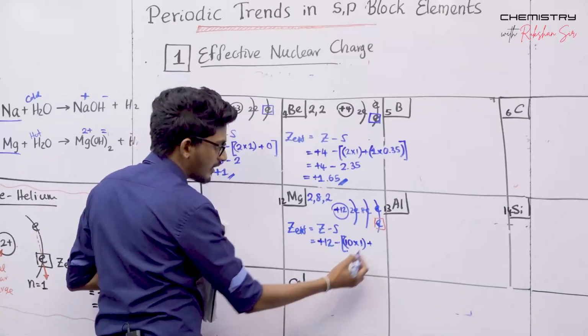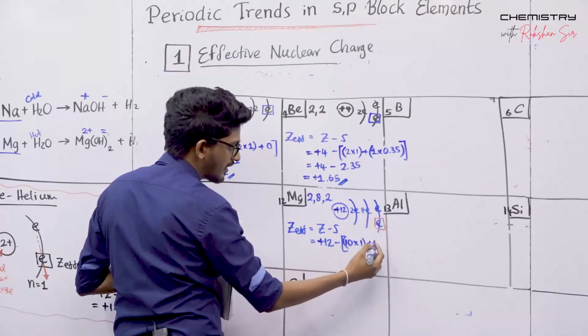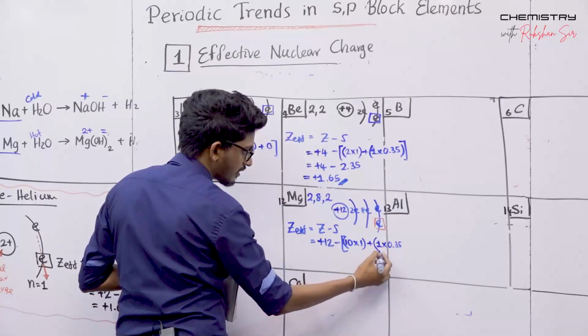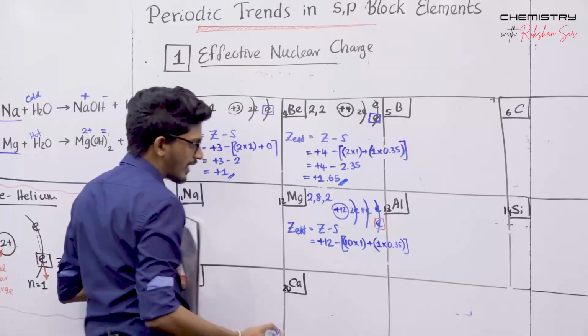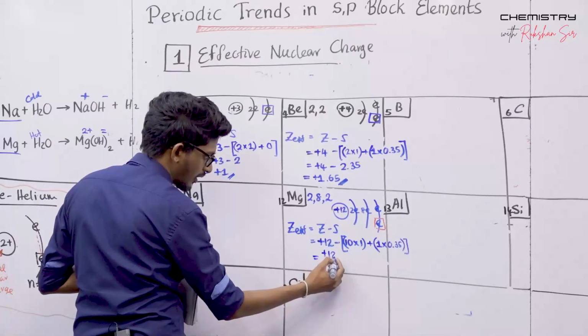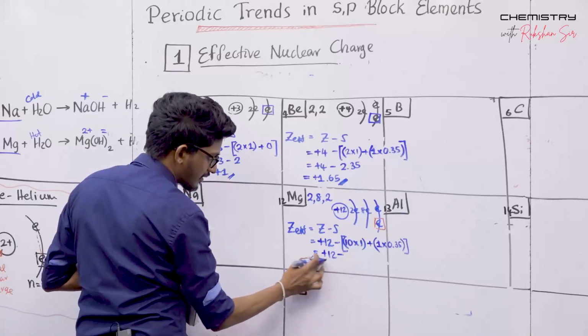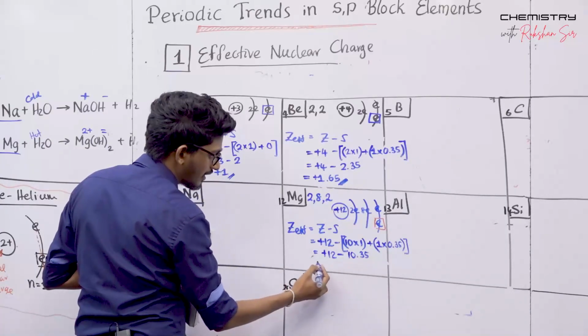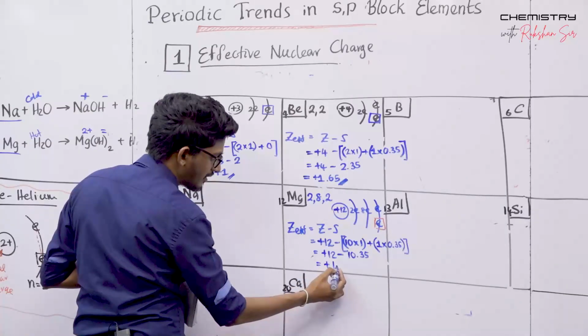Plus you have 1 same-shell electron, so 1 into 0.35. So that will give you 12 minus 10.35, which is plus 1.65.